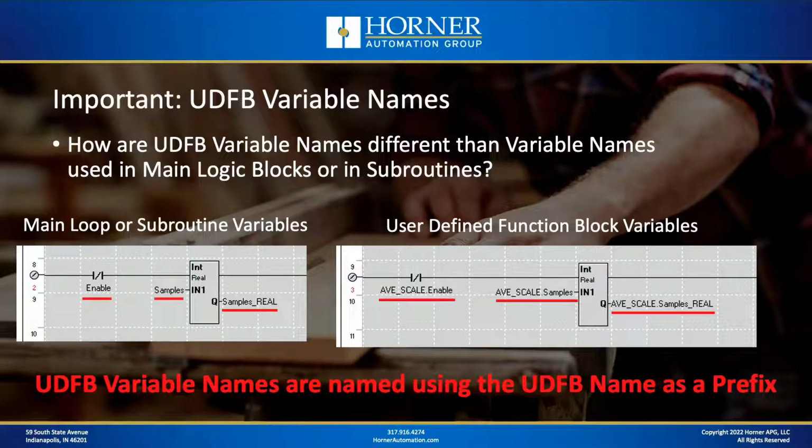Now, that exact same logic with those same variables, to be properly named in a UDFB, needs to have, as a prefix, the name of the UDFB before the variable name. So enable becomes average underscore scale dot enable in the example where the name of the UDFB is average underscore scale.